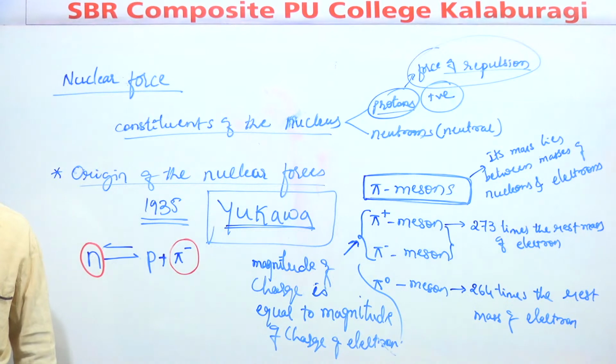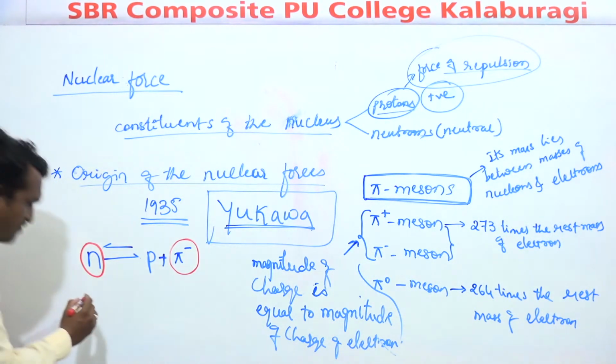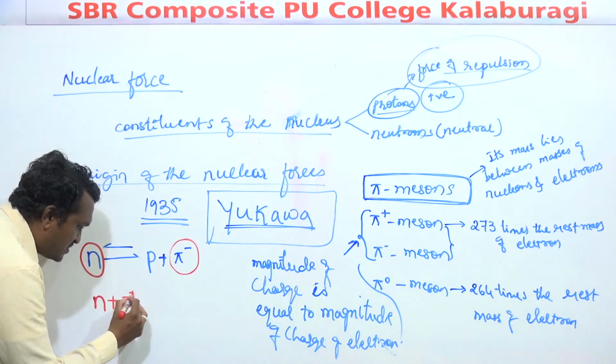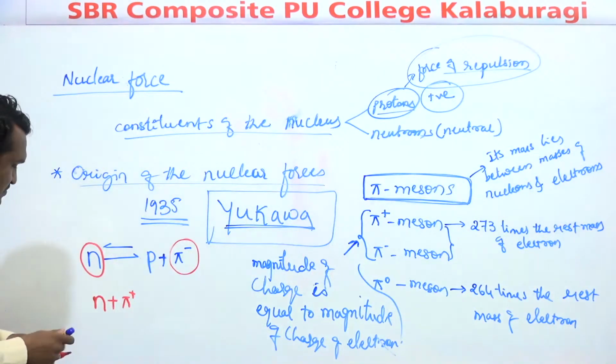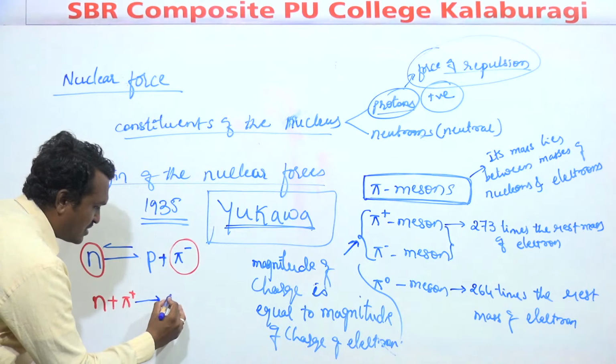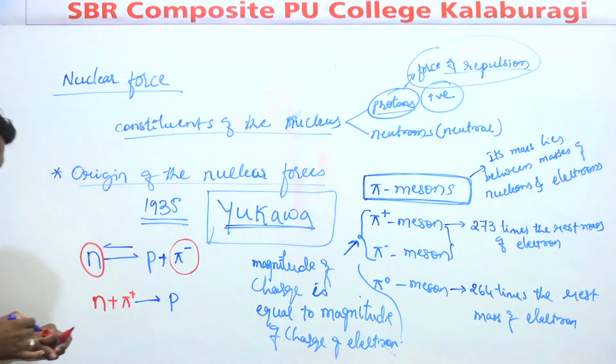Next, if a neutron absorbs a pi plus meson, it converts into a proton.